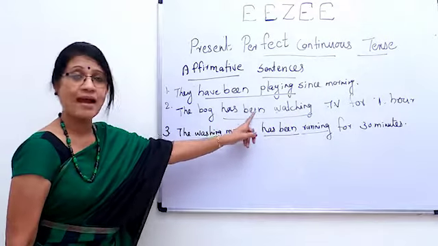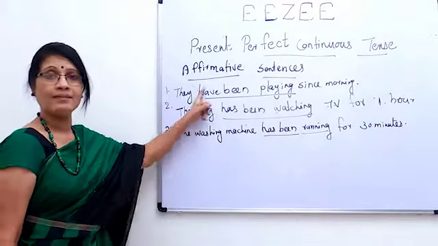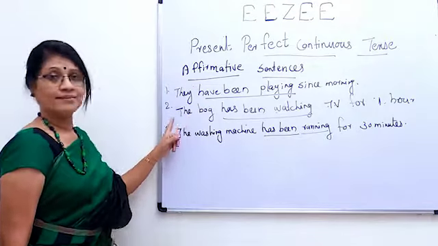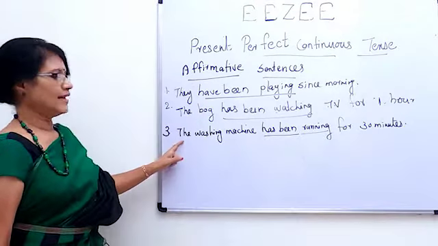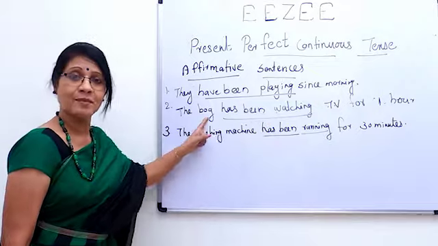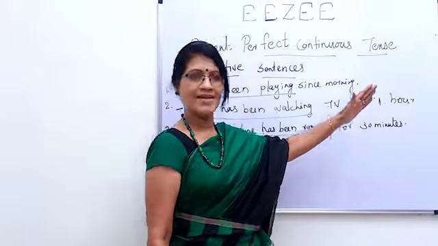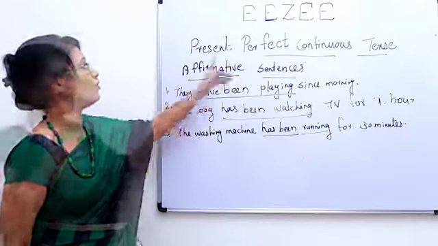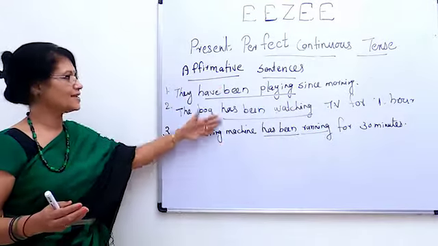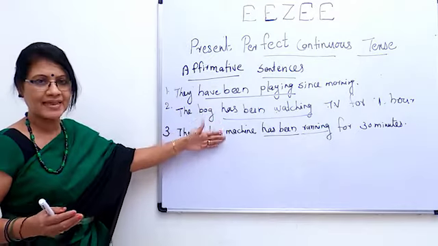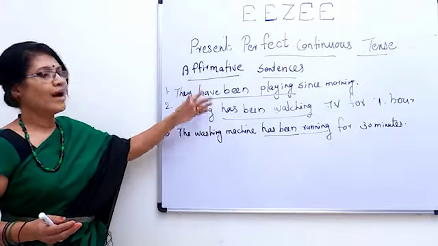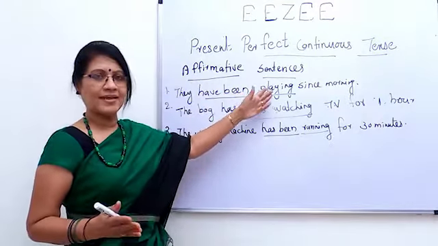Why do we use has been? Because the boy, the subject, is third person singular. Next, the washing machine, third person singular, has been running for 30 minutes. All these are examples. I have already explained these sentences, and these sentences come under the category of affirmative sentences.